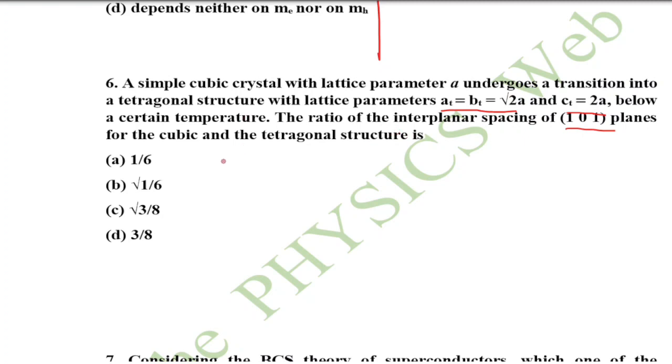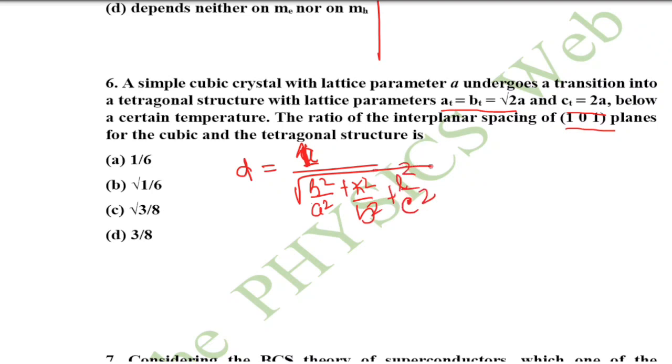We know the interplanar spacing is given by 1/d = square root of (h²/a² + k²/b² + l²/c²). This is the general expression. For cubic we know a equals b equals c, and for tetragonal a equals b not equal to c.